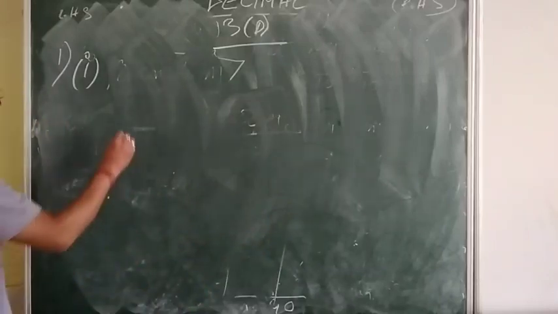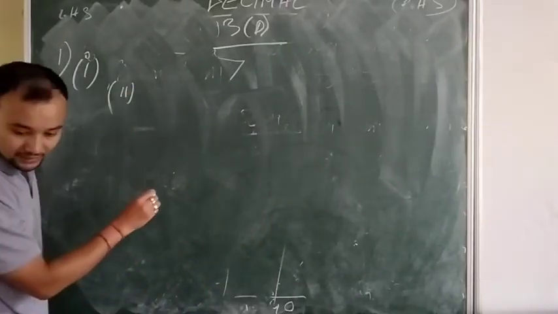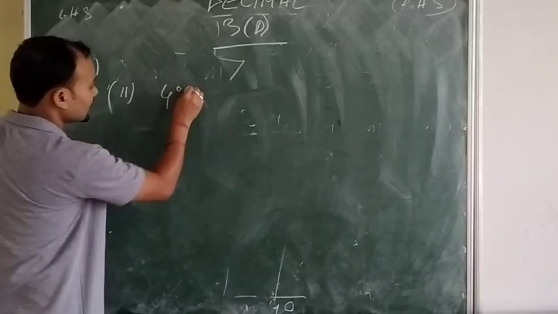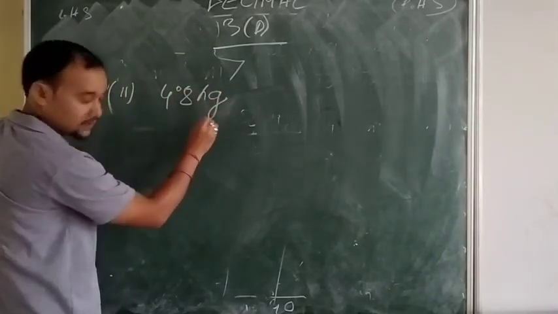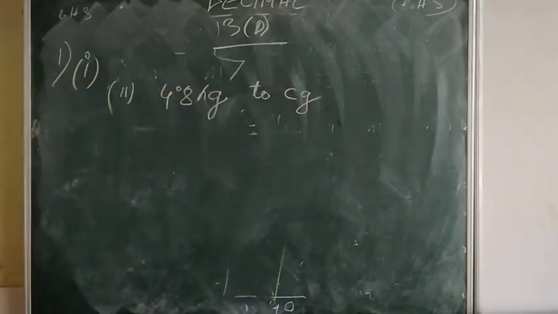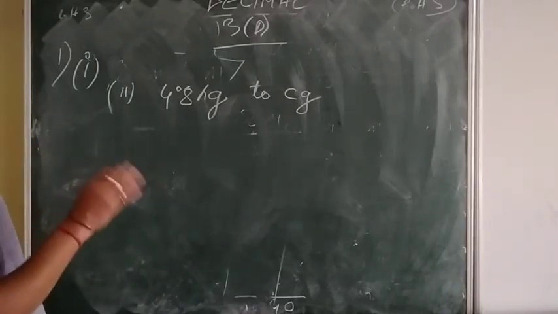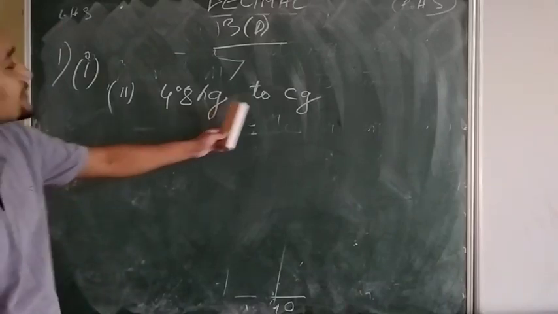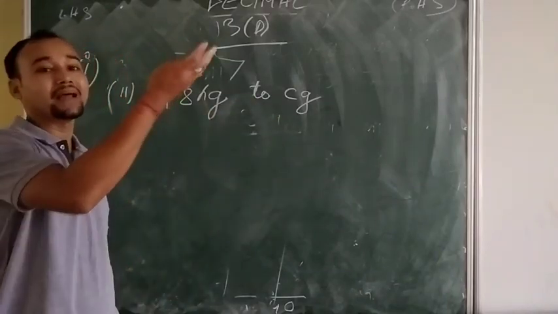Now come to question number 2. 4.8 hectogram to centigram. Now 4.8 is hecto, and the second part is centi. If you look at the chart, between hecto and centi there is a difference of 10,000.